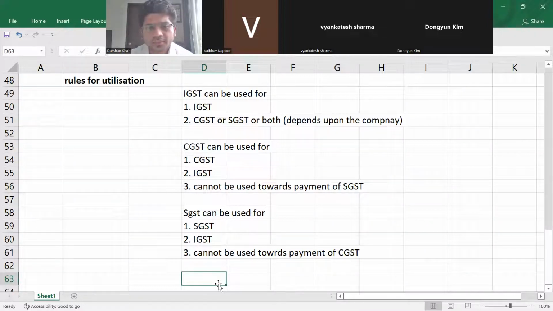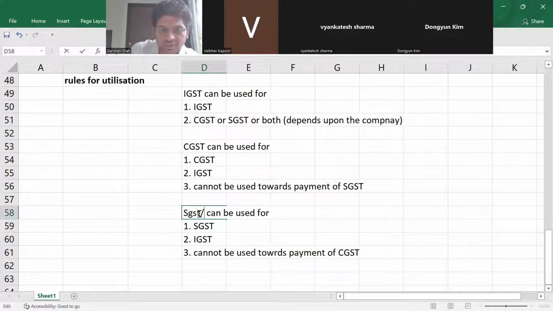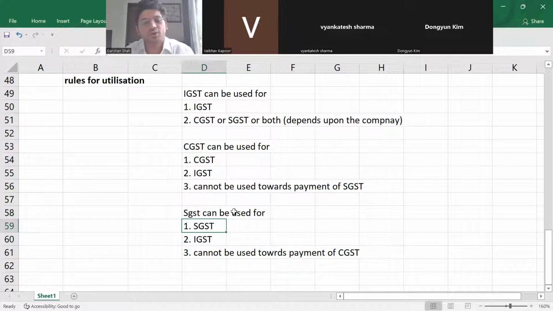Okay. See if you understood this. In case of UTGST, this will be SGST/UTGST. So whenever the concept of UTGST comes, you always have to remember, instead of state, you are taking union territory. Okay, done.